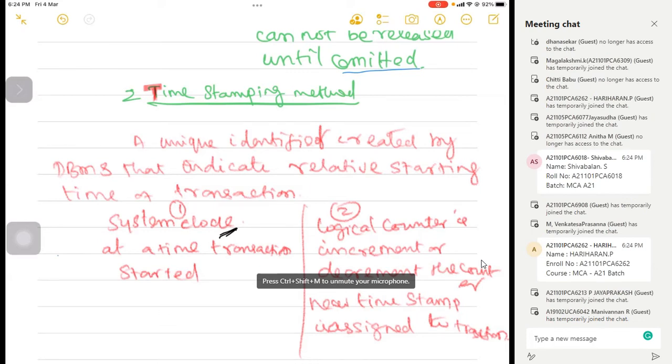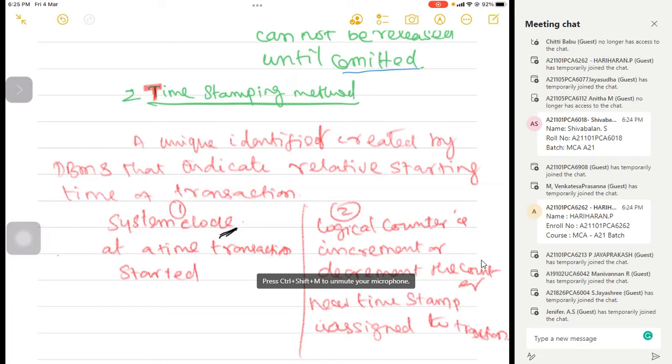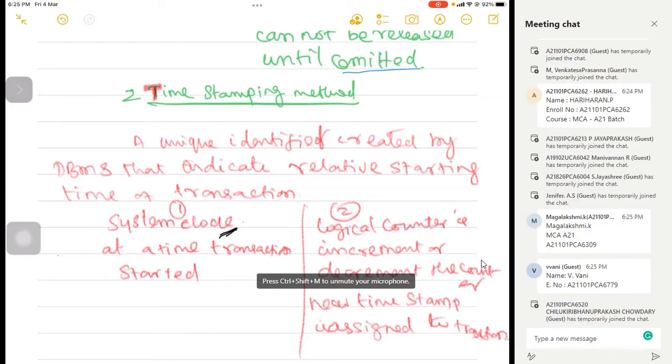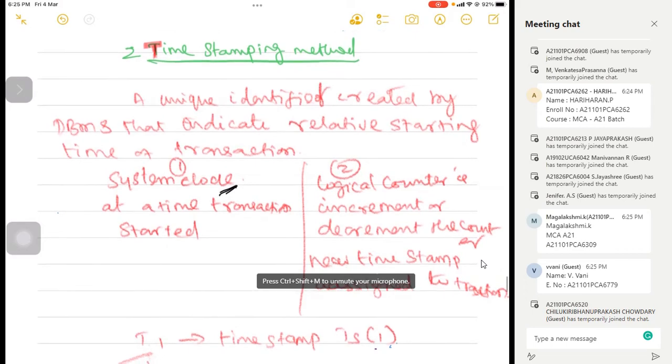Once the transaction arrived in the queue, automatically the identifier is given for the transaction, which indicates the relative starting time of the transaction.